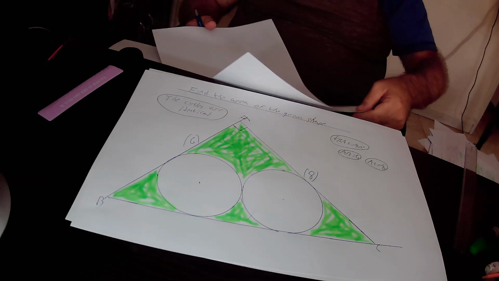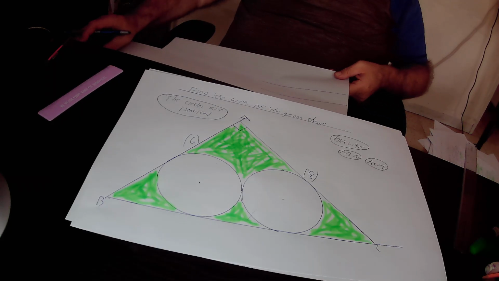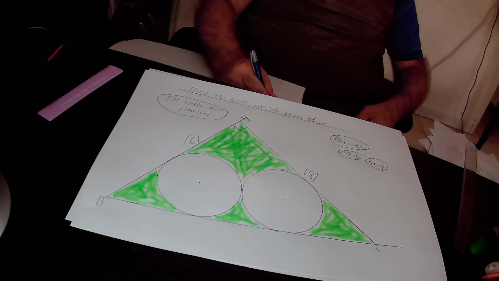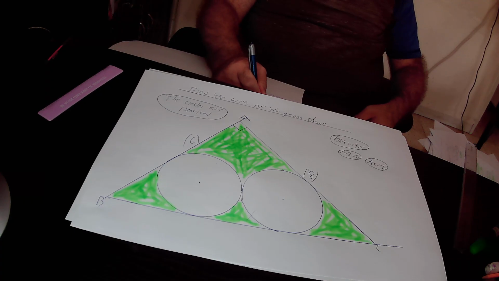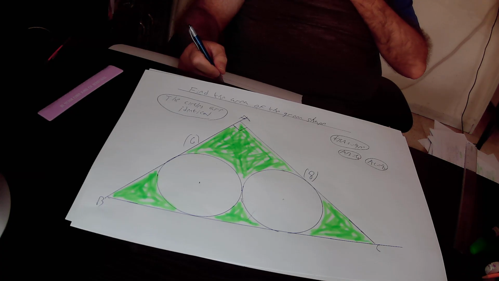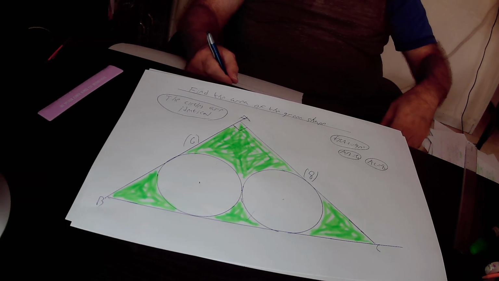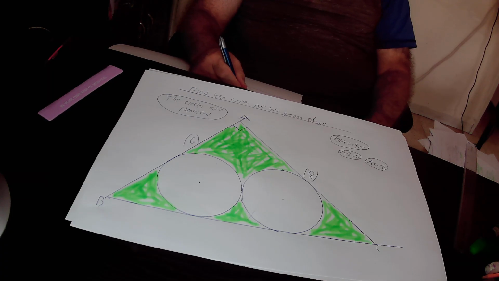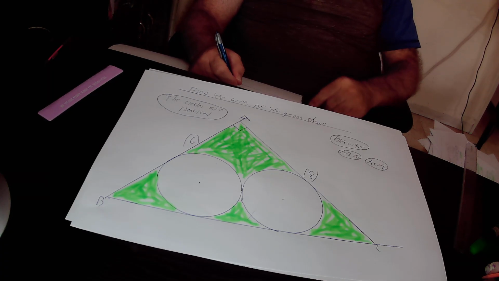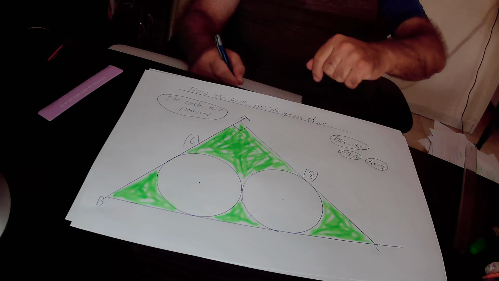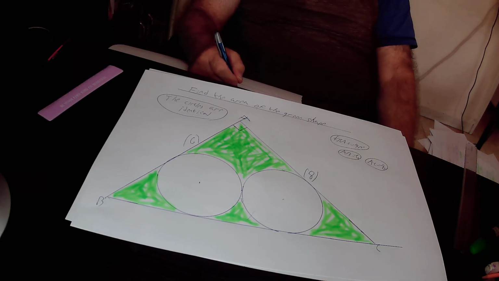BC is the missing hypotenuse, so BC squared equals AB squared. AB is 6, therefore AB squared is 6 squared, that is 36, plus AC squared. AC is 8, so AC squared is 8 squared, that is 64.